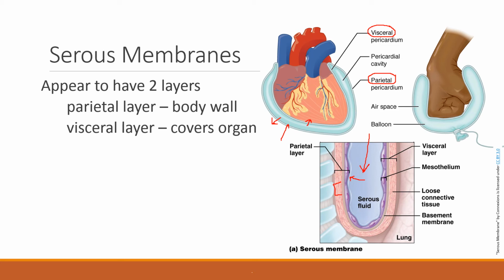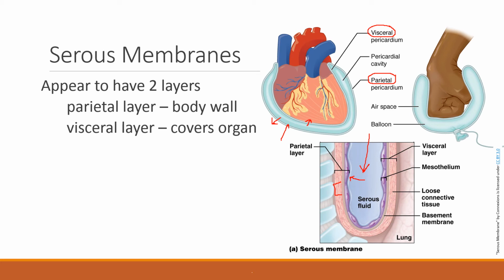It would become severely damaged if every time the heart contracted, it rubbed up against the lungs. The lungs would be damaged and the heart. So it's good that both are surrounded by these serous membranes, which again are protective. They protect against mechanical damage, that's rubbing damage, and friction.